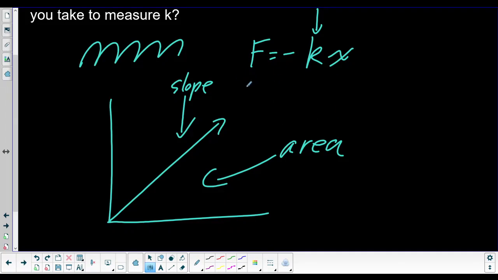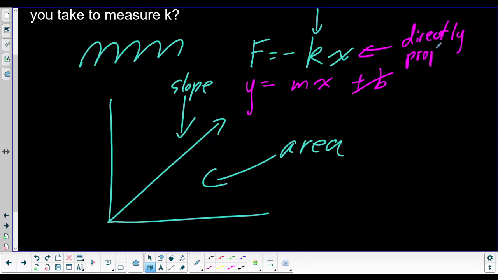We could look at this as y equals mx plus b. b in this case is 0 because this is what's called a directly proportional equation, meaning it's linear. So our x is to the first power and its y-intercept is 0.